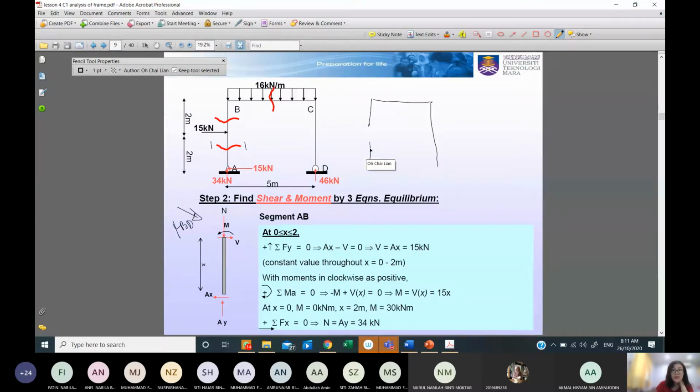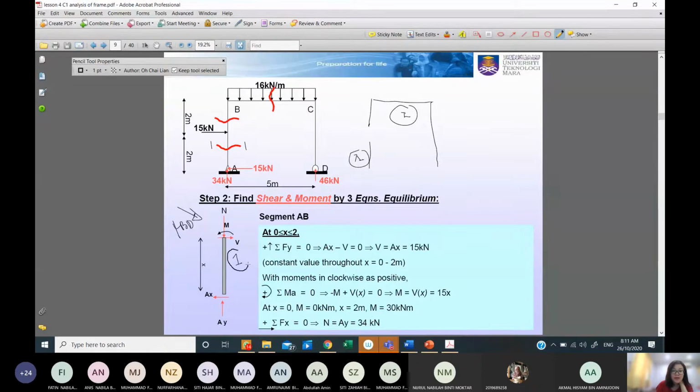You need to put in all the loading, all the support reactions, and all the internal forces at the section you want to analyze. Either this part, let's say part 1, the left part, or the right part, part 2.